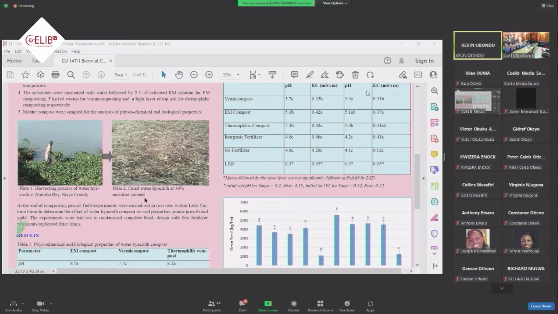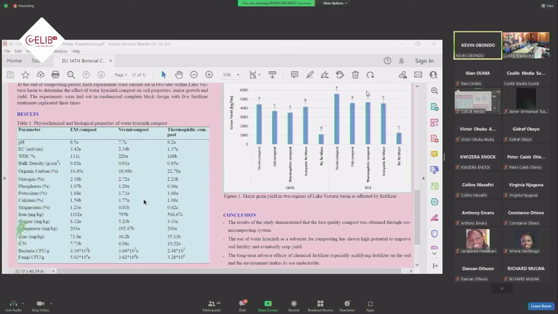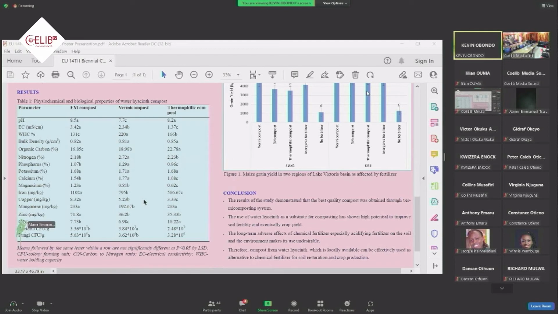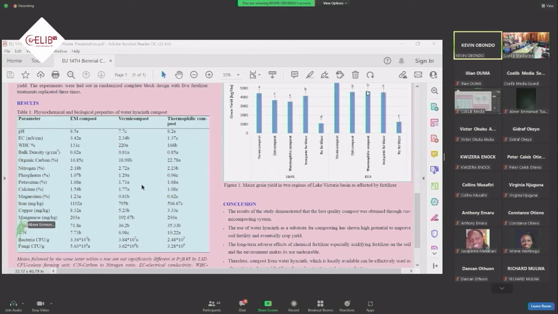On the results, one of the main interesting results was on the quality of the compost, which is also one of our main objectives. We realized that vermicomposting was the best method in comparison to those other methods.